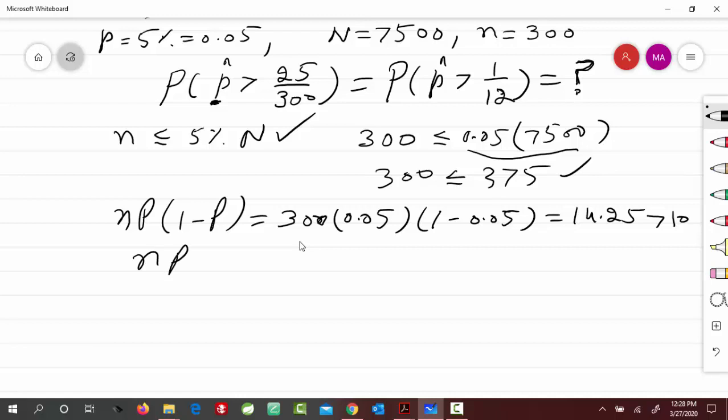So this condition, np times 1 minus p greater than or equal to 10, is also satisfied. So that's the second condition.